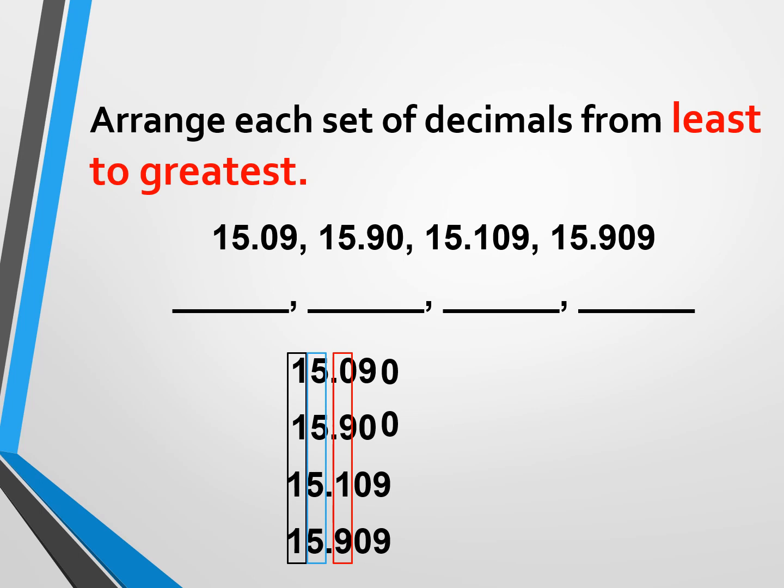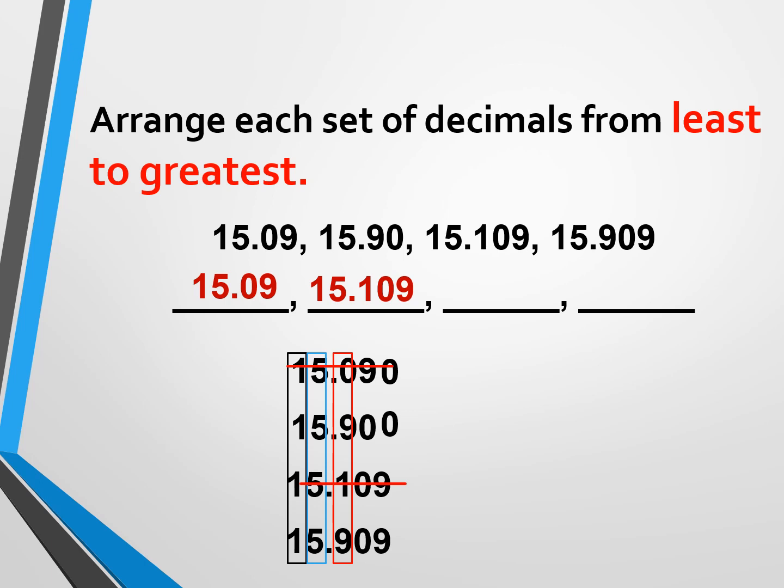So we can already eliminate the least number or the smallest number, which is 15 and 9/100. So this is the smallest. You can already write on the blank. And then we can also eliminate the one which is 15 and 109 thousandths. So higher than 50, the first decimal number.